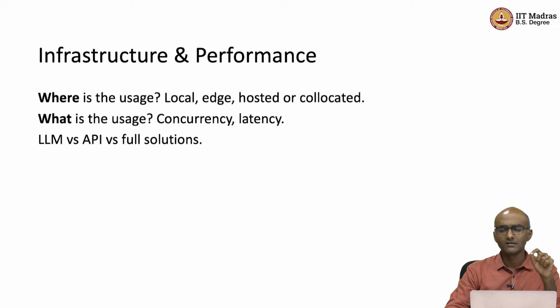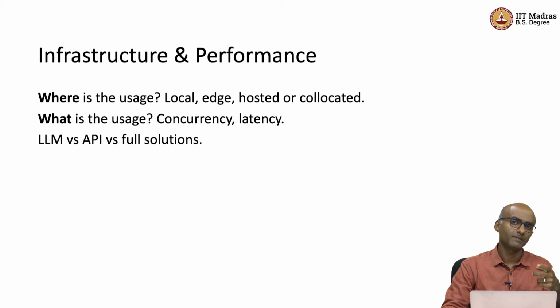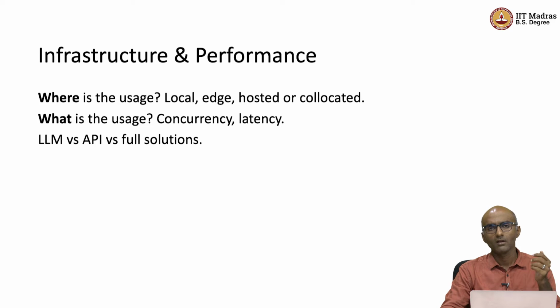The second is the nature of the usage, and this is obvious, right? The more real time an LLM response needs to be, the lesser the latency is that you're expecting from it, which means the nature of the instructions, the nature of the tasks that it's trying to do, and the infrastructure that is required for serving that LLM will need to change appropriately.